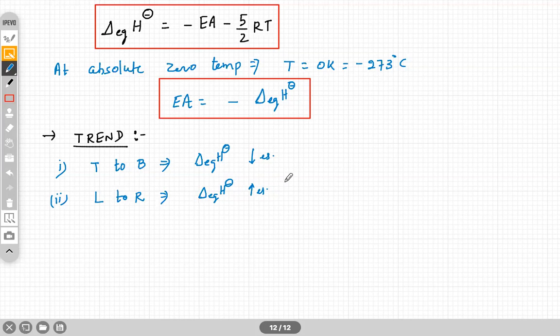More negative value means easier to add an electron on that atom. More negative electron gain enthalpy means the tendency to accept an electron is more.